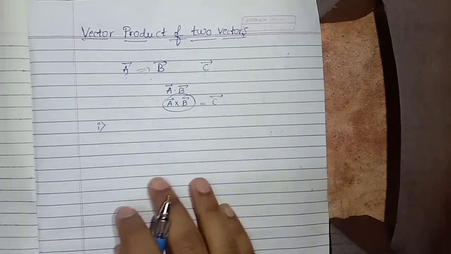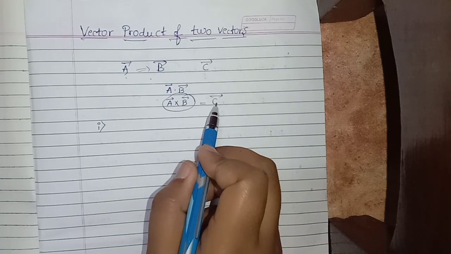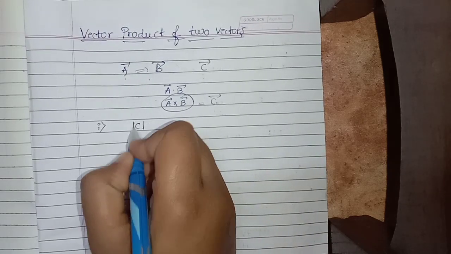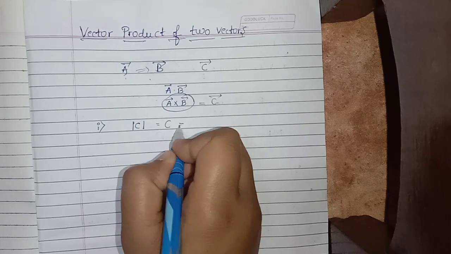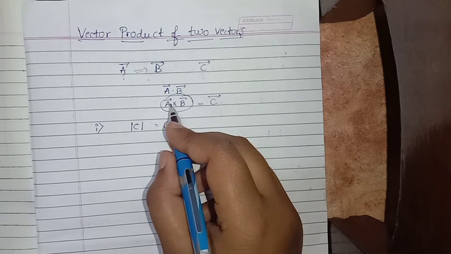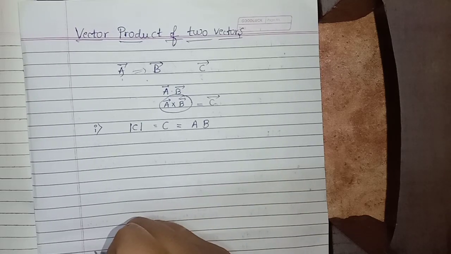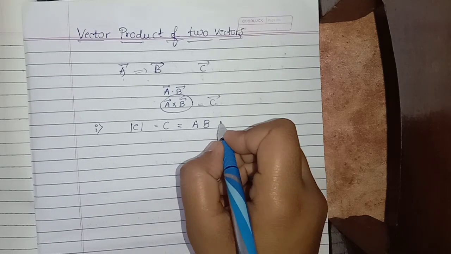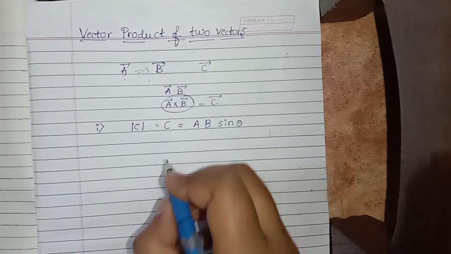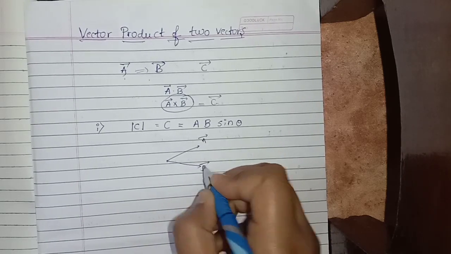2 points will come across. First point: the magnitude of C is the product of the magnitudes of A and B and the sine of the angle between the two vectors. Consider vector A and vector B, with an angle theta between them.